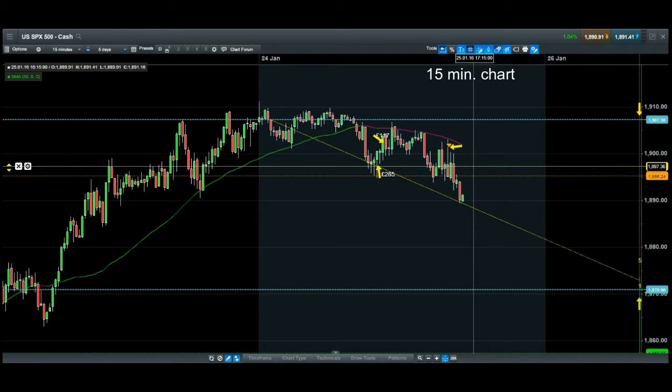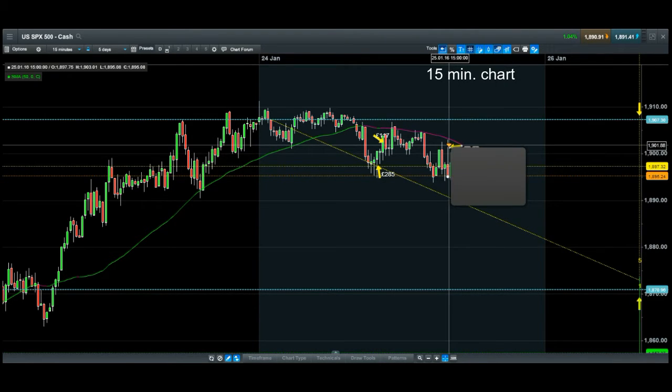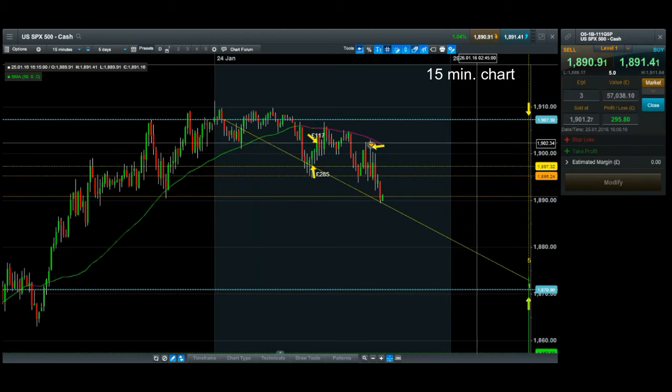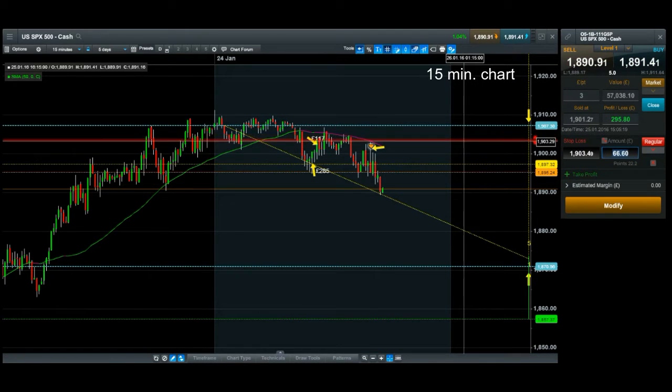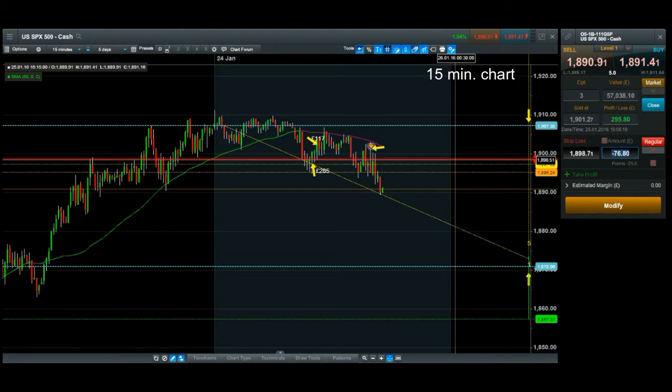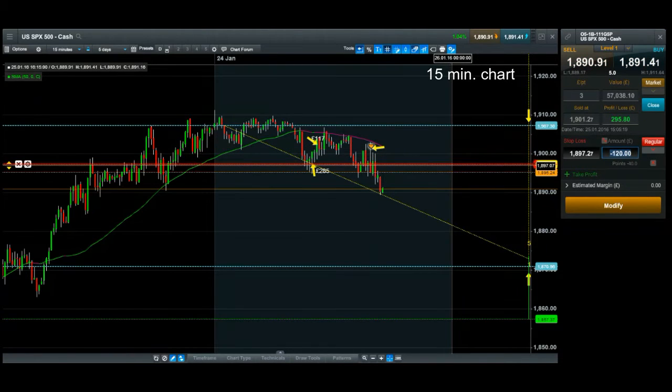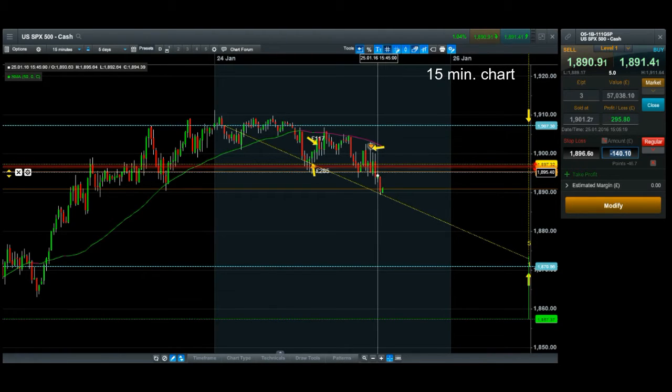Okay, now I've got to set up my stop gain level, just in case the index suddenly rebounds back up and spoils my trade. I've got to put my stop gain just above the previous green candle, which is also above the resistance level.